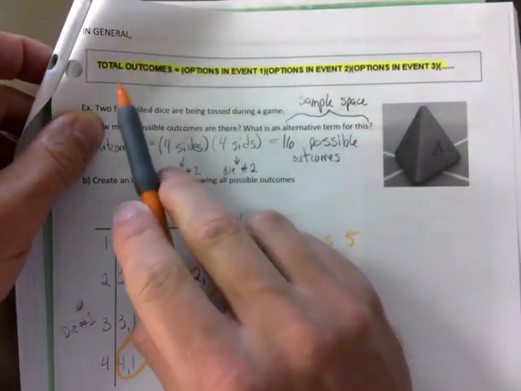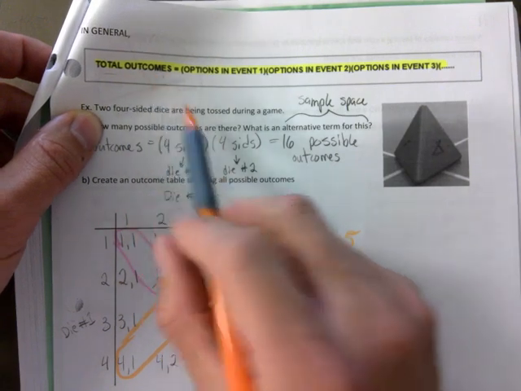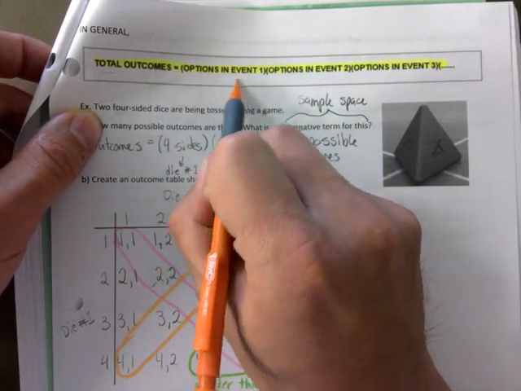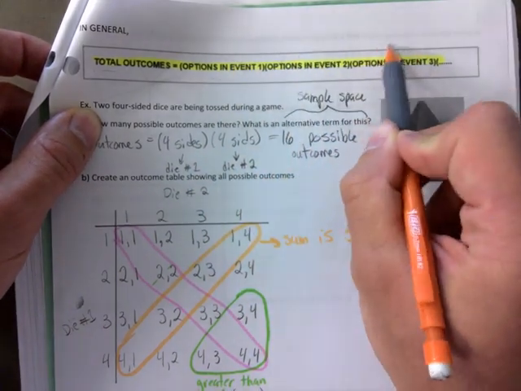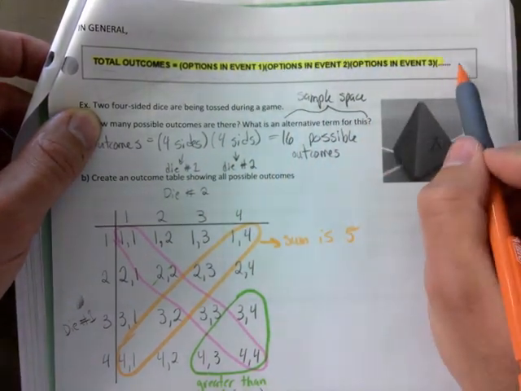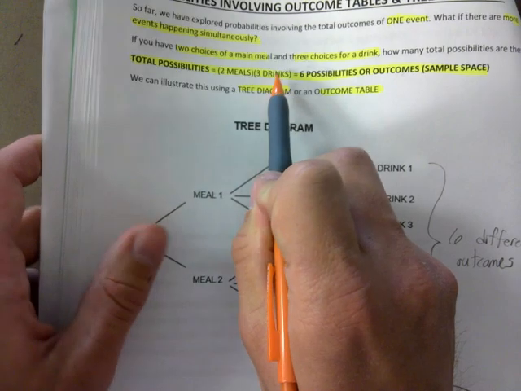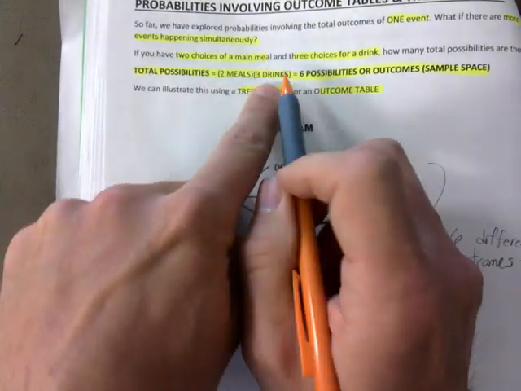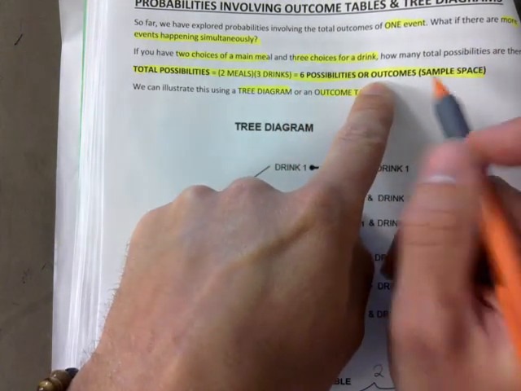First off, we have this formula where the total number of outcomes equals the number of options in event 1 times the number of options in event 2 times the number of options in event 3, and so on. For this one, we had 2 options for meals and 3 options for drinks, so 2 times 3 gave us 6 possible outcomes.